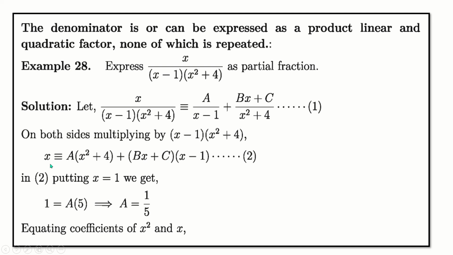And the coefficient of x will be minus bx plus cx, that means c minus b. This is the coefficient of x on the right side, and on the left side it will be 1.